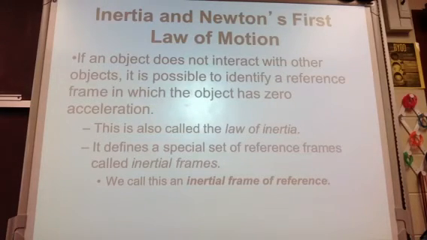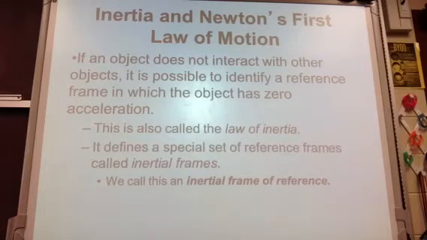So when we think about reference frames or frames of reference, a moving object can be observed from many different reference frames. So like we said, it depends on where the object or the observer is located and how that person or that object is moving compared to the frame of reference.